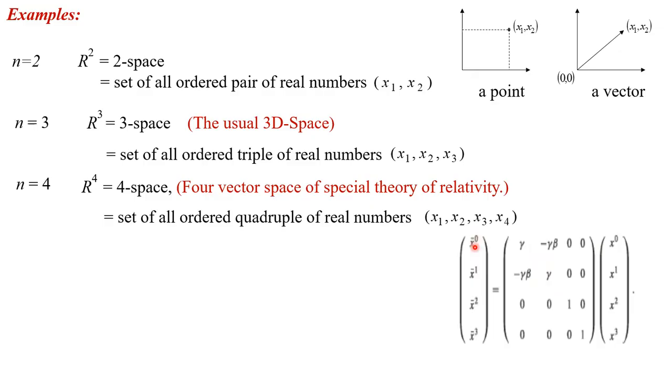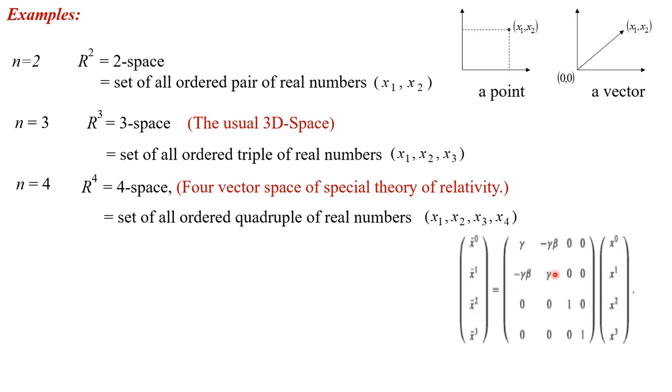So look, this is also a four-dimensional vector with bars on top of it. If this is our rest frame, these are the coordinates in the rest frame, then these will be the coordinates in the moving frame. And who is doing this conversion? The Lorentz transformation is doing this conversion from one frame of reference to the other frame of reference.